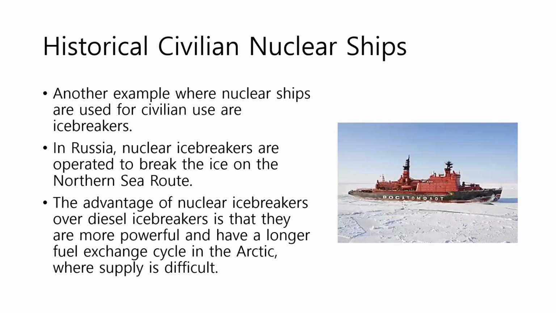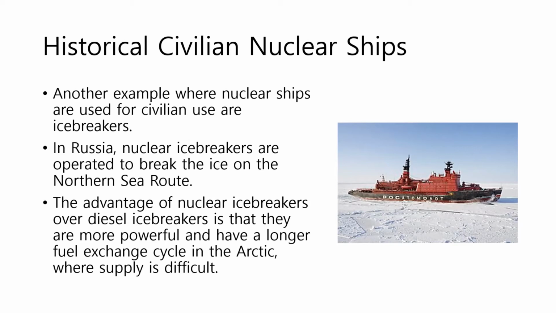Another example where nuclear ships are used in the civilian case is the icebreakers. In Russia, nuclear icebreakers are operated to break the ice on the Northern Sea Route, and they are now building a new nuclear icebreaker. The advantage of the nuclear icebreaker over the diesel icebreaker is that it is more powerful and has a long fuel exchange cycle.